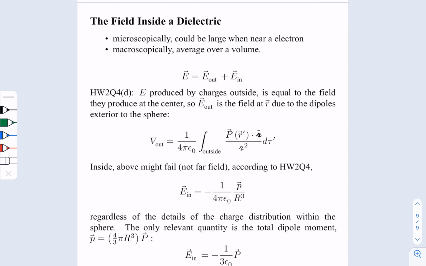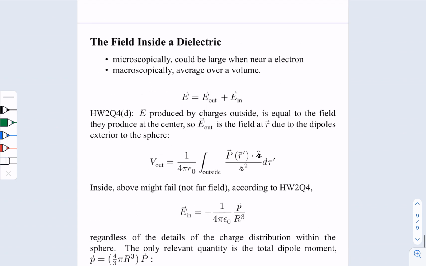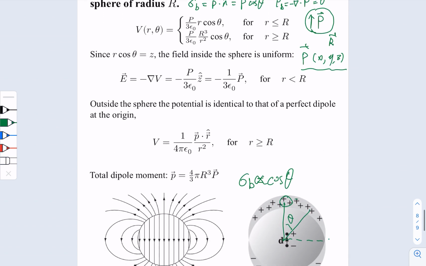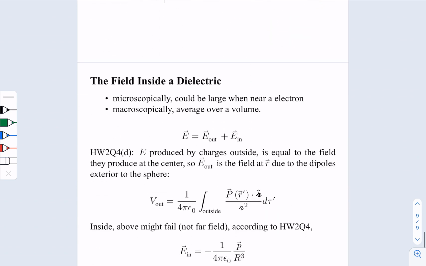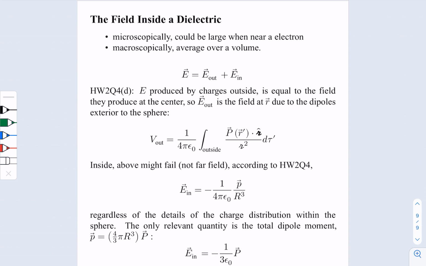If you consider an electron and go very close to it, the induced field will be huge. But what we said before is that the E field is supposed to be constant, which is very different from the microscopic picture, right?